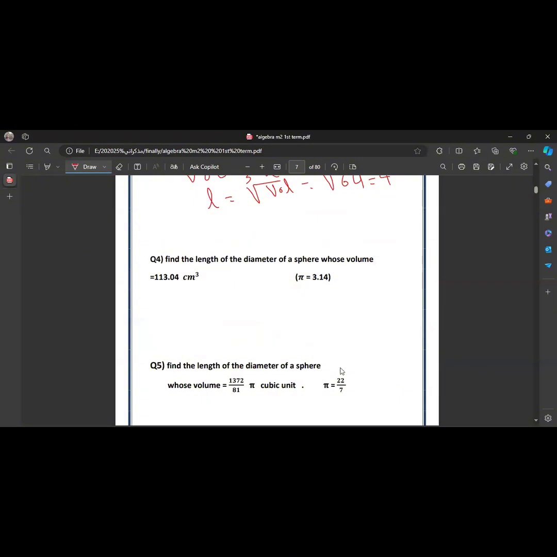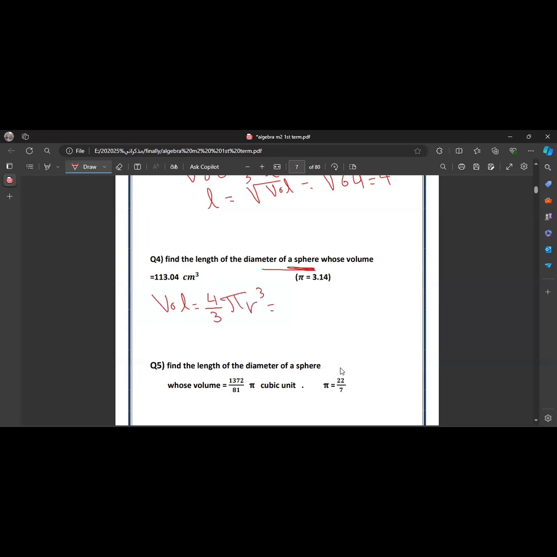Find the length of the diameter of a sphere whose volume is 113.04 cubic centimeters. Remember that the volume of the sphere equals 4/3 by pi r cubed.